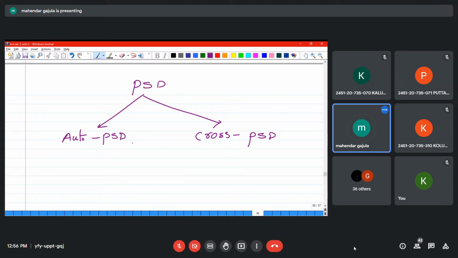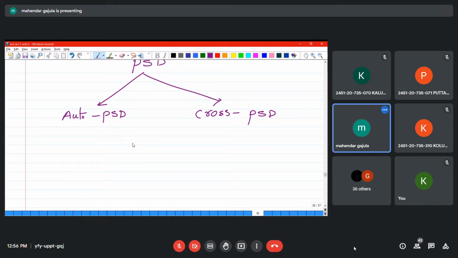Now I want to know what is the auto power spectral density. So what is the time domain signal? Autocorrelation is the time domain signal. You have to apply Fourier transform on autocorrelation. That gives us auto power spectral density. Similarly, you have to apply Fourier transform on cross correlation. That gives cross power spectral density.